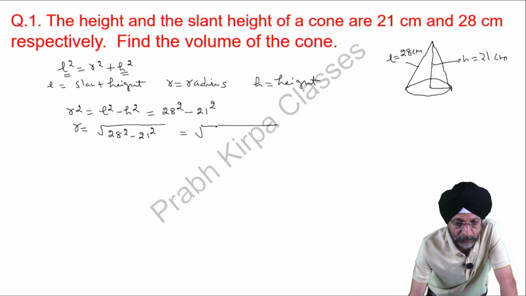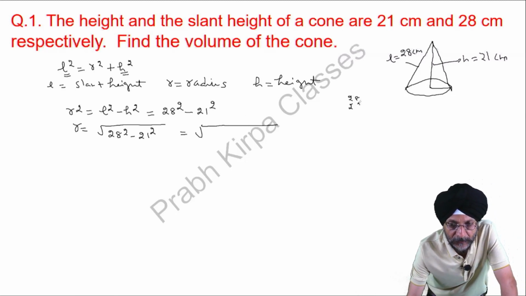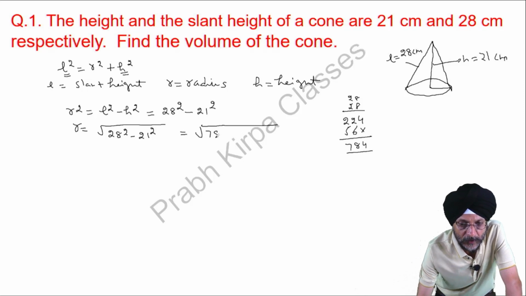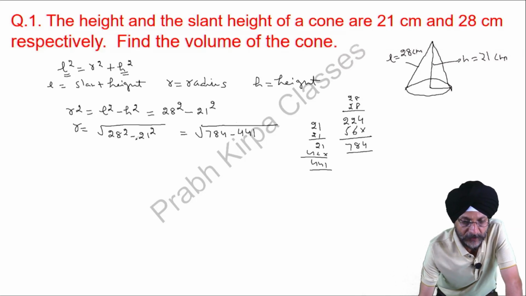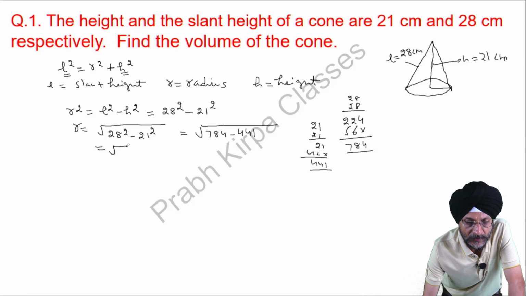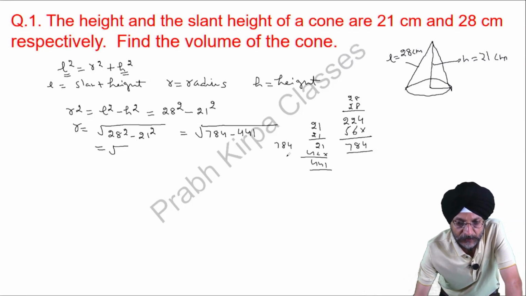Now what will it come out? 28 into 28 is 784 minus 441, 784 minus 441, 343.